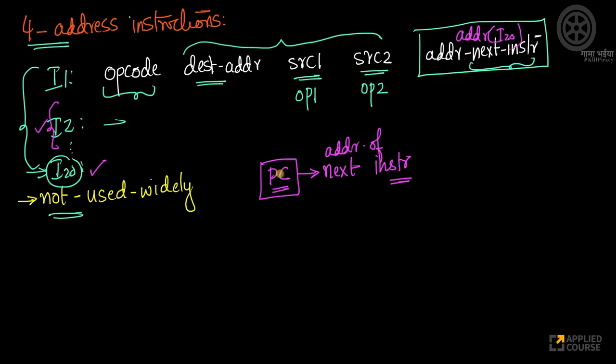We discussed the program counter already. Because we have a program counter, this is not used widely. So in most modern microprocessors, we have up to 3 address instructions, wherein we use the program counter to decide the next instruction that we want to execute, instead of having a scheme like this. There may be some research purpose microprocessors which might use this, but to the best of my knowledge, most modern microprocessors don't use this.